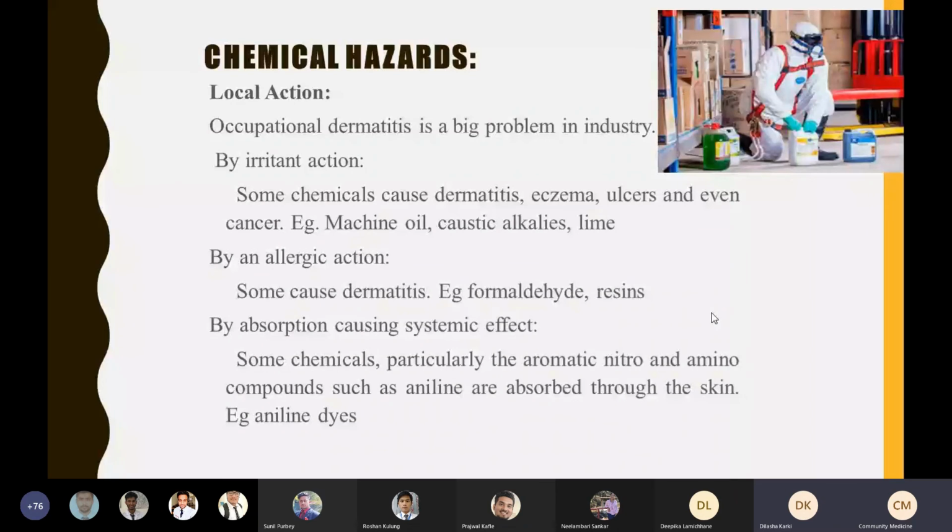And by absorption causing systemic effect, if these chemicals are absorbed through the skin, particularly the aromatic nitro and amino compounds such as aniline, this can lead to carcinogenic effects also.